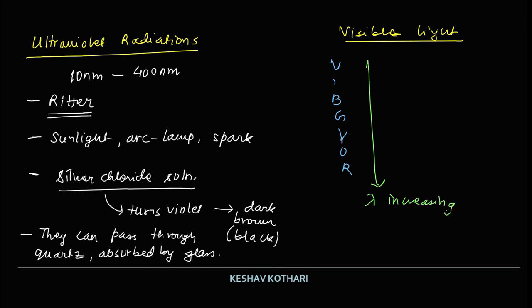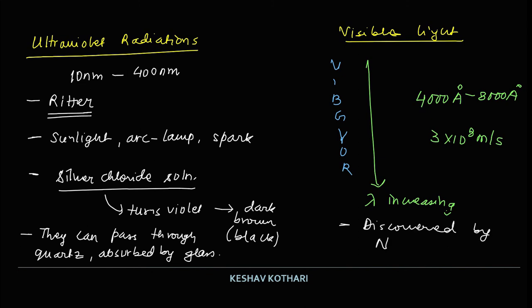The range is from 4000 angstrom to 8000 angstrom, and they all travel with the speed of light, that is 3 into 10 to the power 8 meters per second in vacuum. The visible part of the spectrum was discovered by Newton.